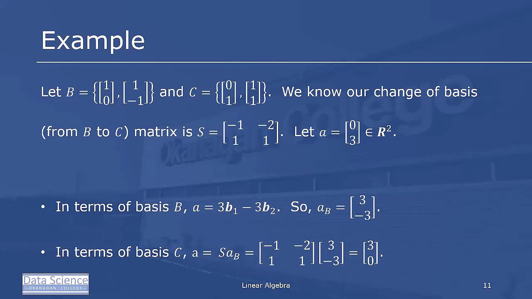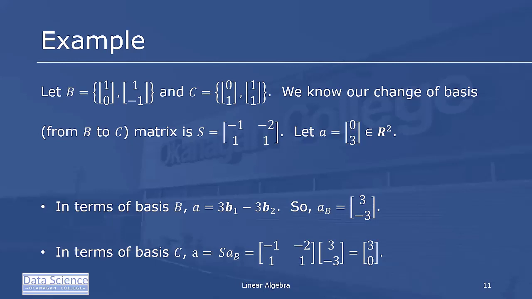Now we can go ahead and figure out A in terms of basis C in the same way, or we can use our change of basis matrix and say that our new A in terms of basis C is going to be our change of basis matrix S times A in terms of basis B, or (-1, -2), (1, 1) times the vector (3, -3).